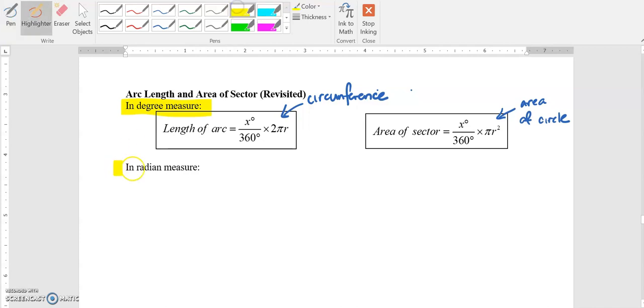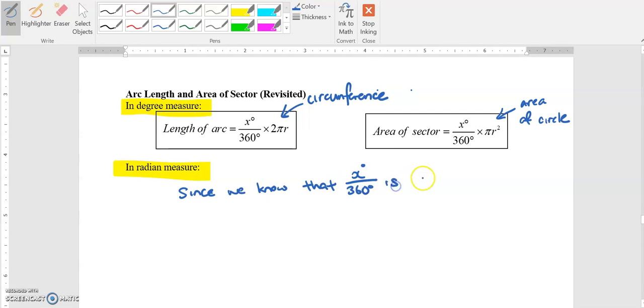Now, what about if it is in radian measure? Since we know that x degrees out of 360 degrees is a proportion or a section, then in radians, theta, which is the angle in the center, out of 360, or 360 expressed in radians is 2 pi, is the ratio or the proportion.